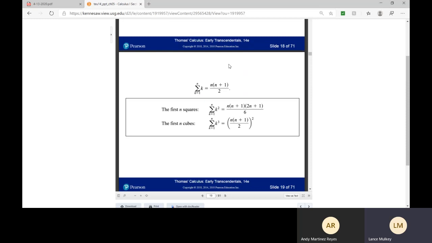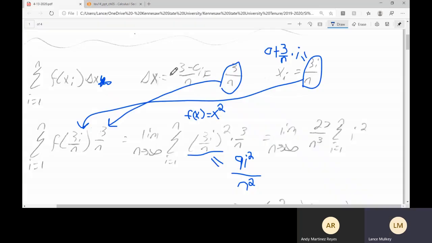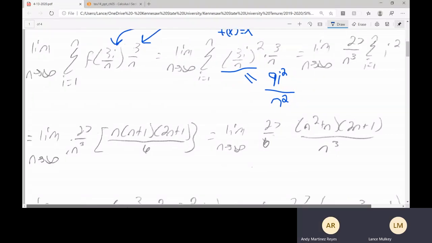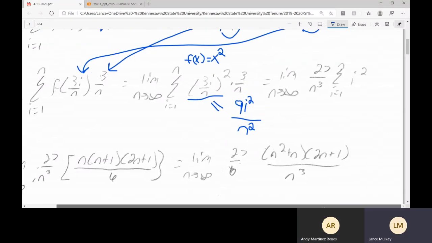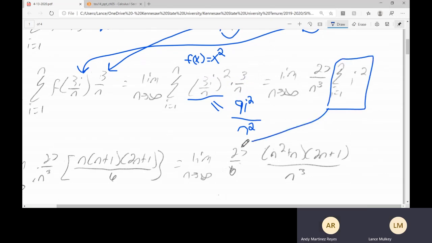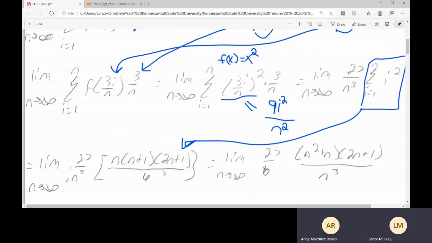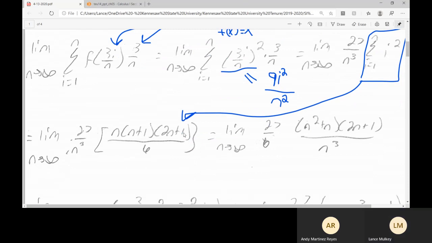So since we have i squared, we replace the i squared summation with that. You replace this, it turns into this. That whole equation. Yep. 27 over n cubed times this over 6.